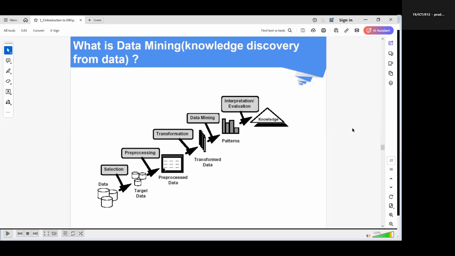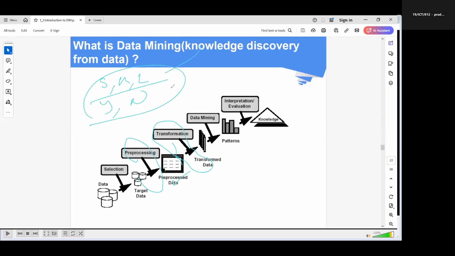After you select the suitable data, then only we apply the pre-processing, the cleaning part. Once you clean the data, we have pre-processed data. From that pre-processed data, we need to apply some transformations, right? Transformation means sometimes the variables are in different forms. Maybe some variables are in categorical form, like small, medium, large, or yes, no. These are categorical data.